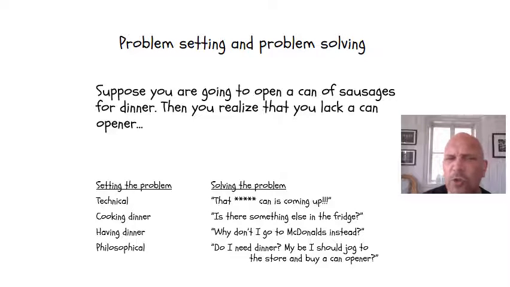But suppose your issue is to integrate different people's knowledge in this situation. You want to solve this problem collectively, and then you have one person going, oh right, I could hack this can open with my knife, and another person immediately starts thinking, oh yeah, why don't we go to McDonald's? I've really got an itch for a McFeast. Now, how do you integrate these people's knowledge?